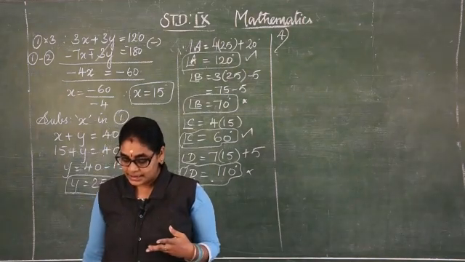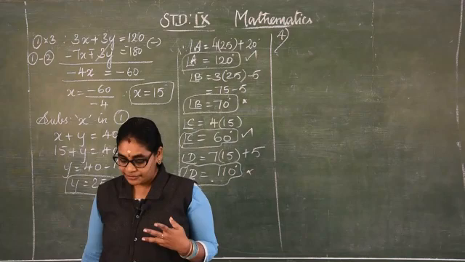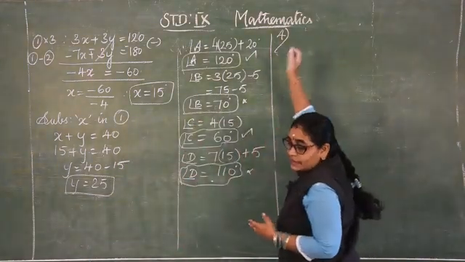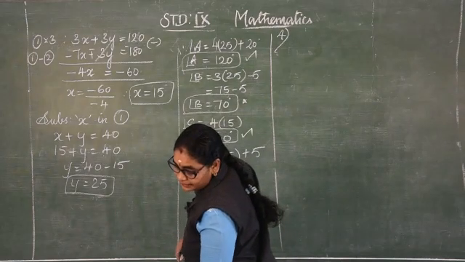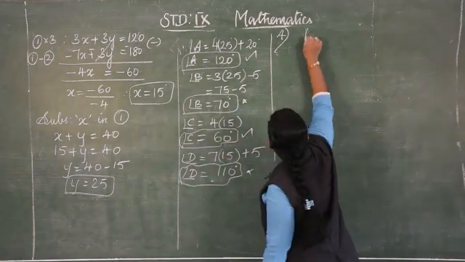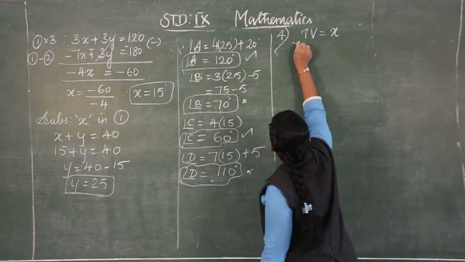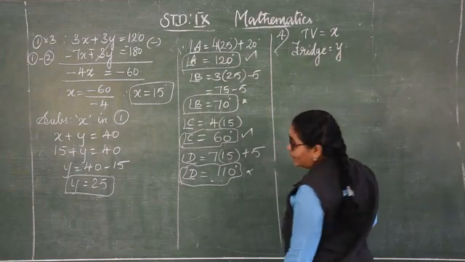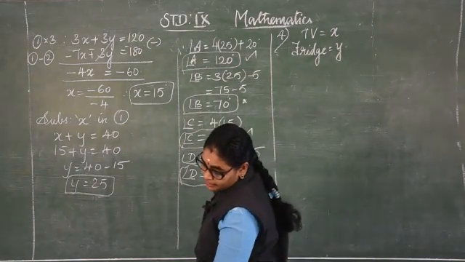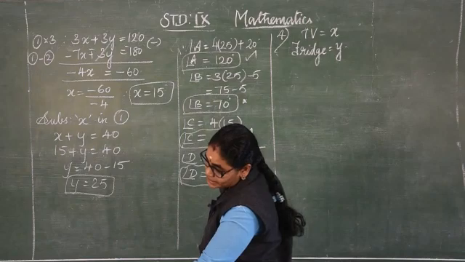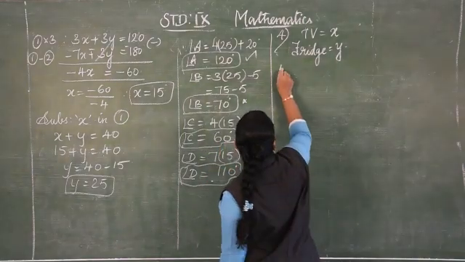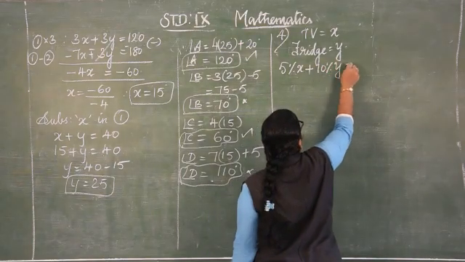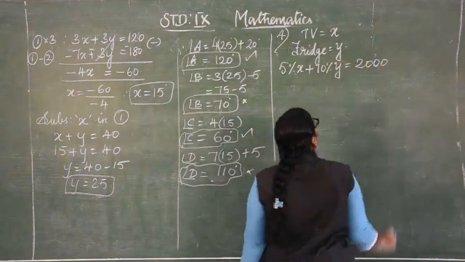So TV we are considering as X and the fridge we are considering as Y. So we will consider TV as X, fridge as Y. So first condition, 5% gain plus 10% gain, he is getting 2000. 5% of X plus 10% of Y, he is getting 2000.